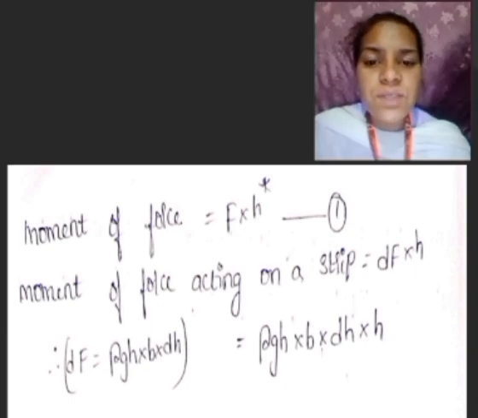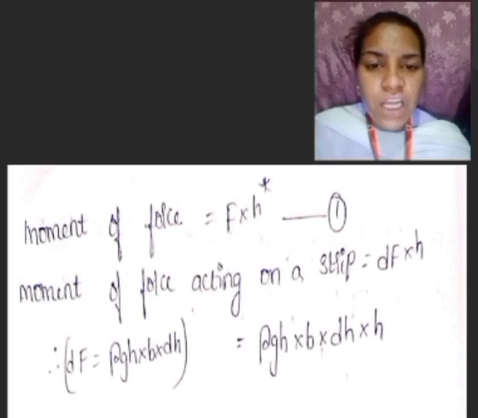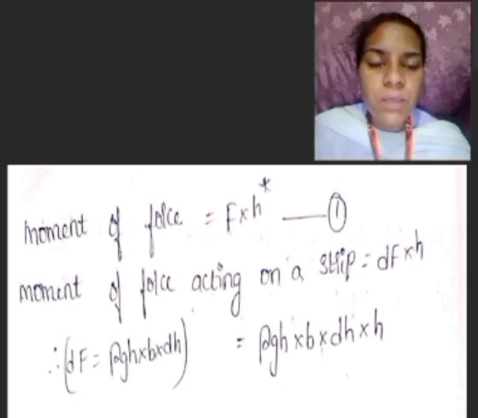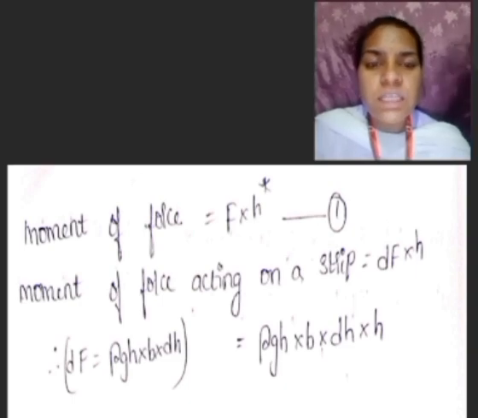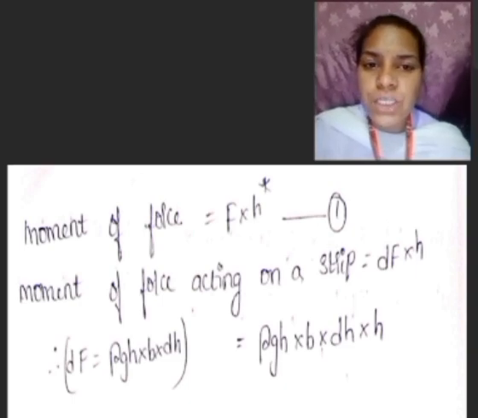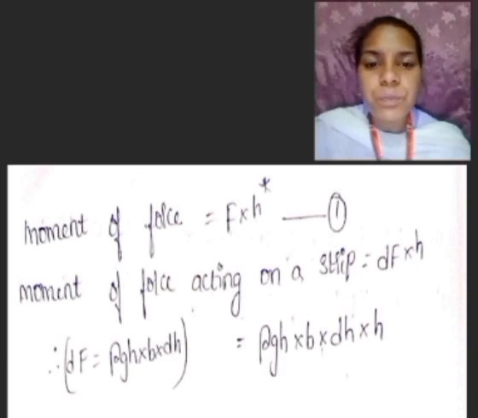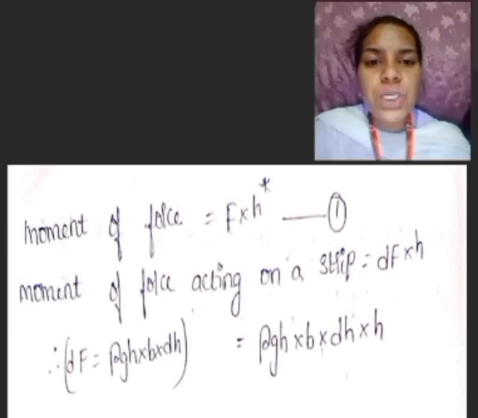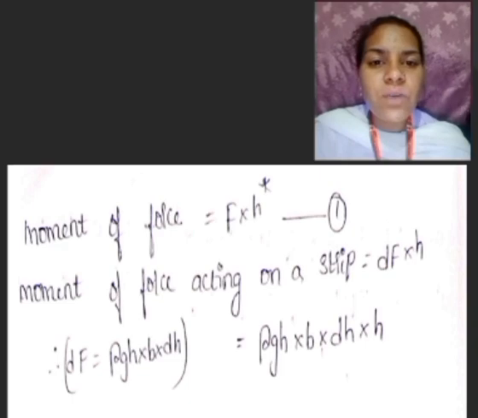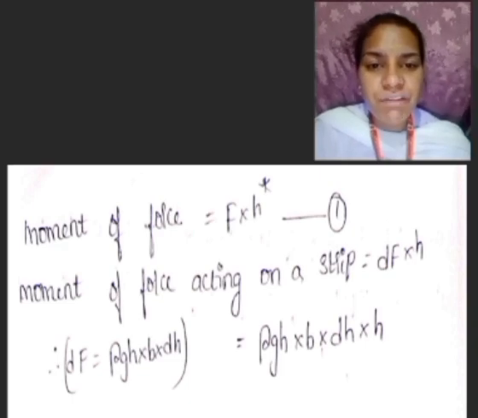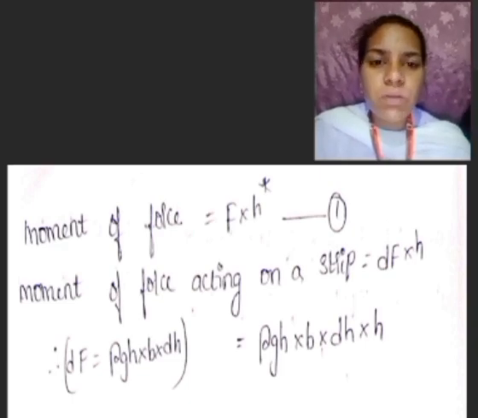We substitute the dF value in the above equation. Moment of force acting on a strip is equal to dF into H, and in dF place we substitute the value: rho ZH into B into dH into H. This is the equation after substituting the dF value.